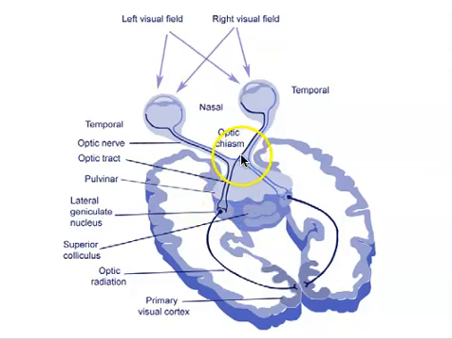So that means after this crisscross point, which we call the optic chiasm, these optic tracts are going to both have left and right eye information in them. So both the optic nerve, cranial nerve 2, and the trochlear nerve, cranial nerve 4, have some contralateral components in them. All the rest of the cranial nerves stay ipsilateral.